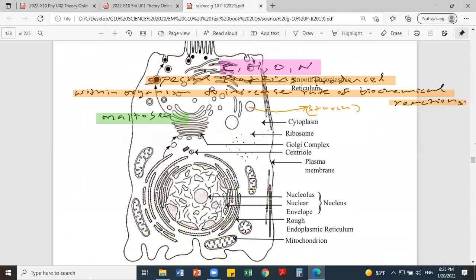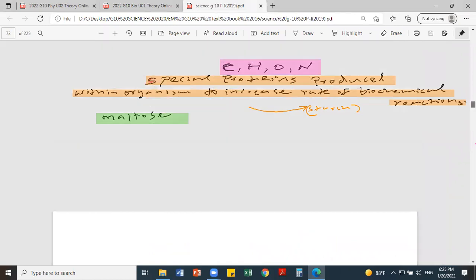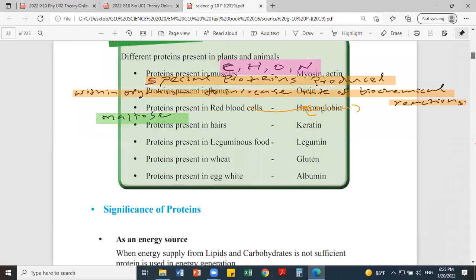Look at your textbook page. Wait, I'll show you. In the first lesson, there's a practical here under protein.